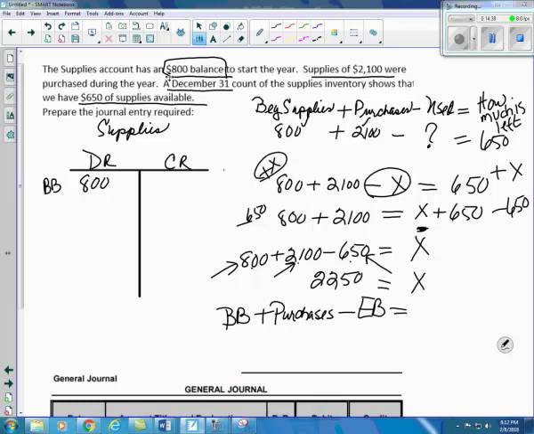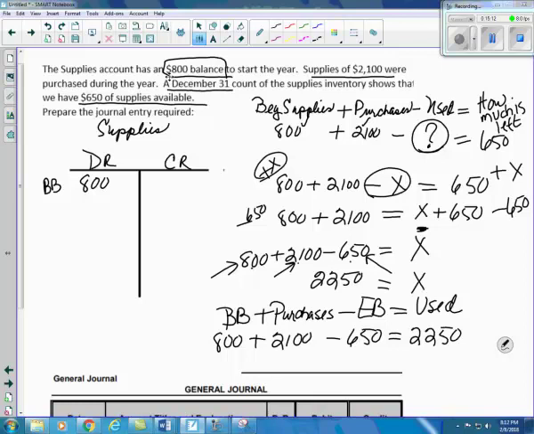And that will be our supplies that we used, because that's what we were trying to find out. Our question mark up here was how much did we use. So we can just use this equation going forward. What we know is we can take our beginning balance of 800, add our purchases of $2,100, subtract our ending balance of $650, and that will give us the supplies that we have used at $2,250.